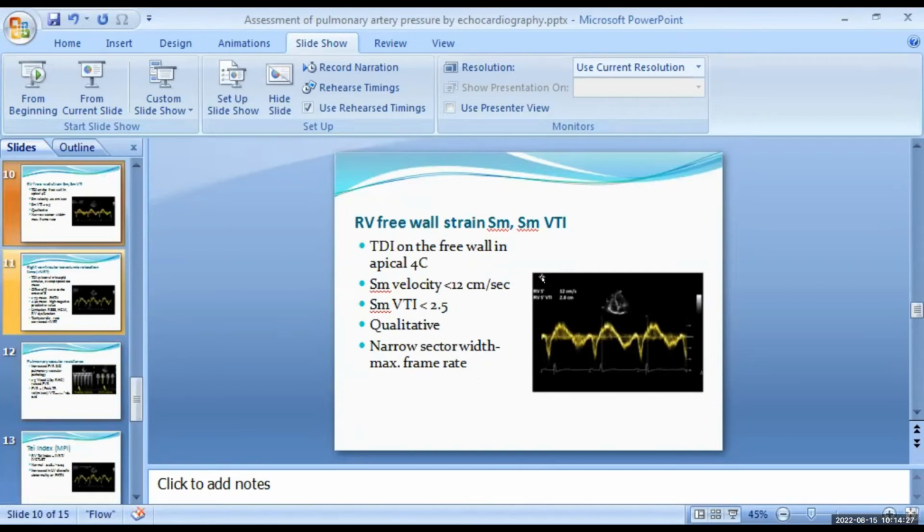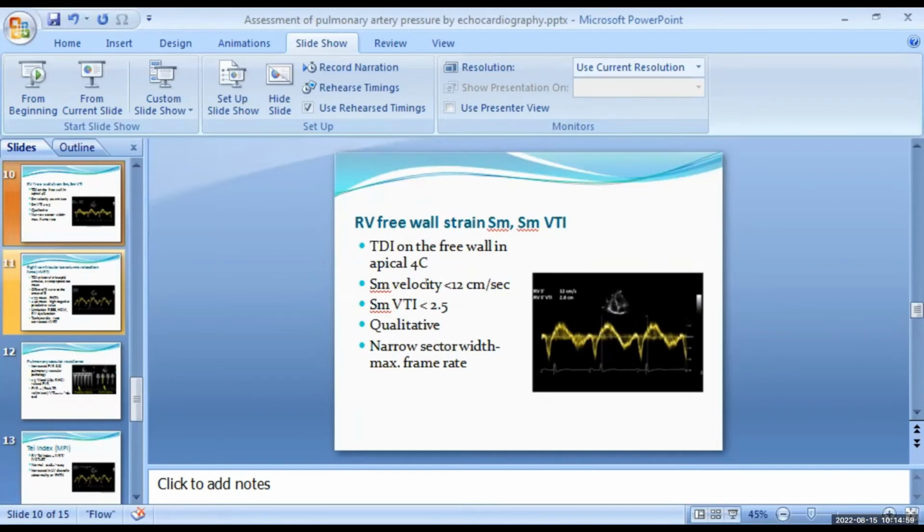Now, RV free wall strain, tricuspid annular systolic myocardial velocity, and velocity time integral also help to assess the pulmonary hypertension, but it is a qualitative test. We cannot quantify the exact PA pressures, but it is indirect evidence that gives the hint there is elevated pulmonary artery pressure.